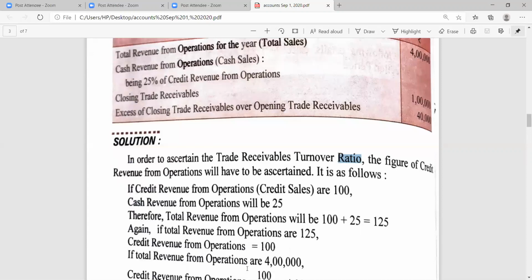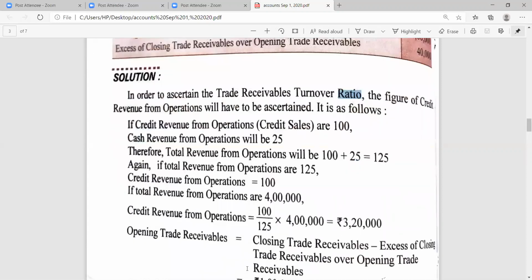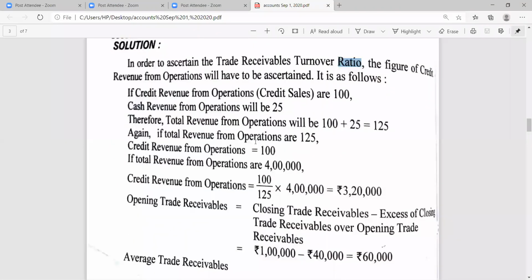Let's repeat. If the credit revenue from operation, meaning the credit sales, are assumed to be 100, then the cash revenue from operation as per the information given to us will be 25. If we add the credit and cash revenue from operation, we get the total revenue from operation, and that will become 100 plus 25, that is 125. If the total revenue from operation is 125, then the credit revenue from operation is equal to 100.